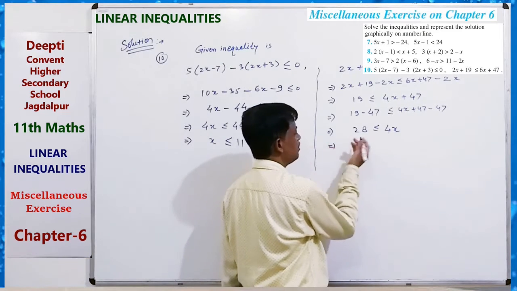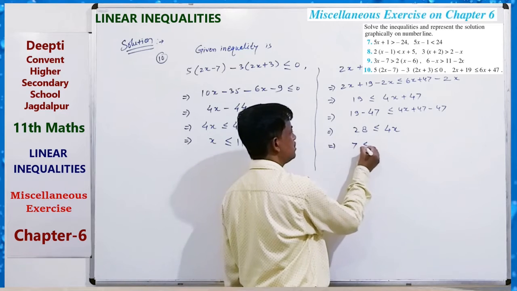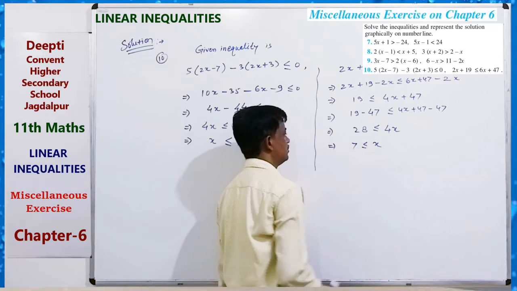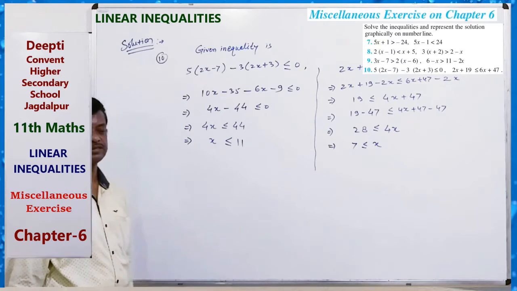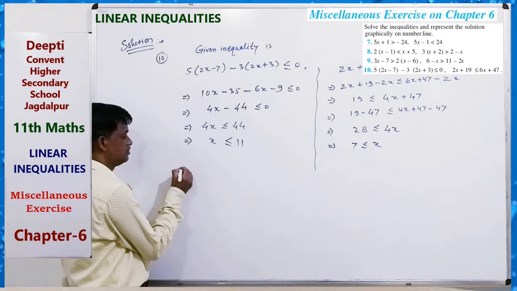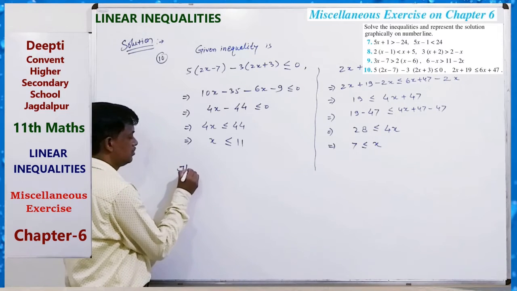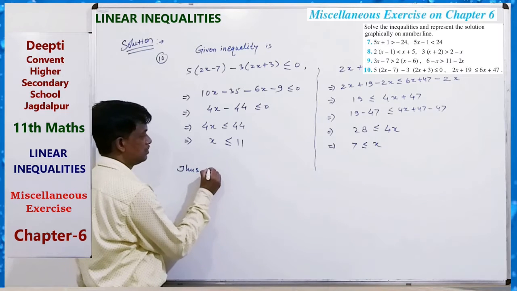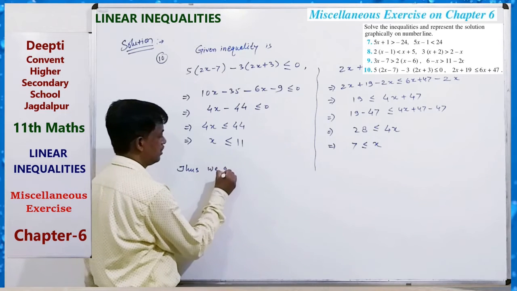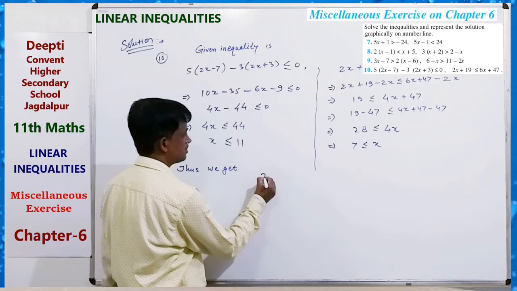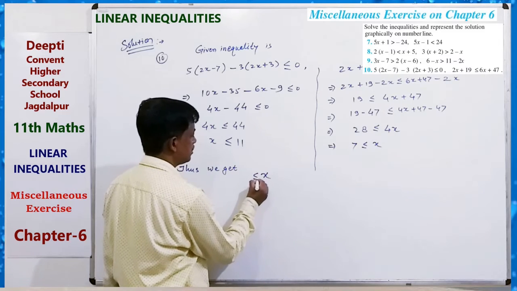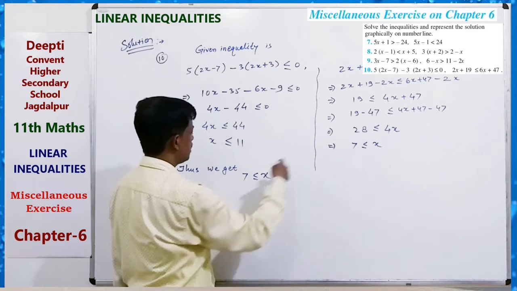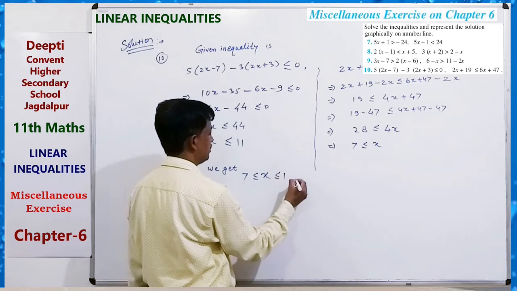Now divide by 4. Minus 7 is less than or equal to x. Thus you get x is greater than or equal to minus 7, so minus 7 is less than or equal to x is less than or equal to 11.